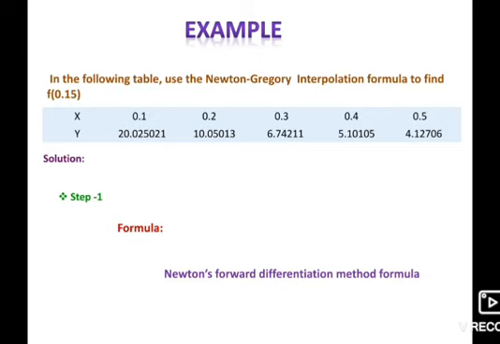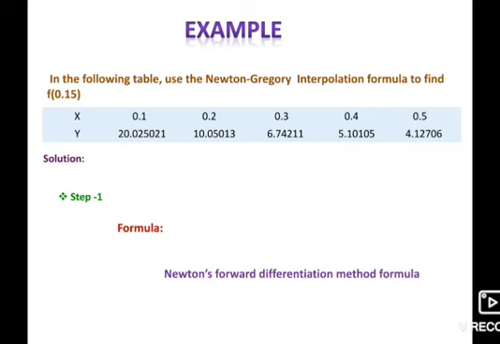And what is a forward difference? Why do we use forward difference for this problem? Because the value 0.15 lies between 0.1 and 0.2, which are in the first part.